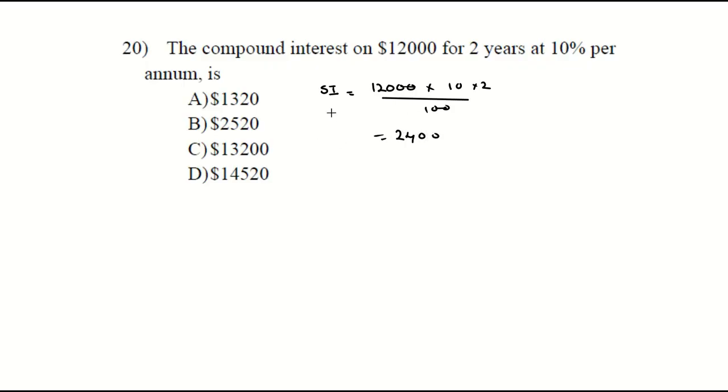The simple interest is 2,400, so the new amount will be 12,000 plus 2,400, which is 14,400 multiplied by 10 multiplied by 2 all over 100. So it would be 144 multiplied by 2 multiplied by 10, which equals 2880.